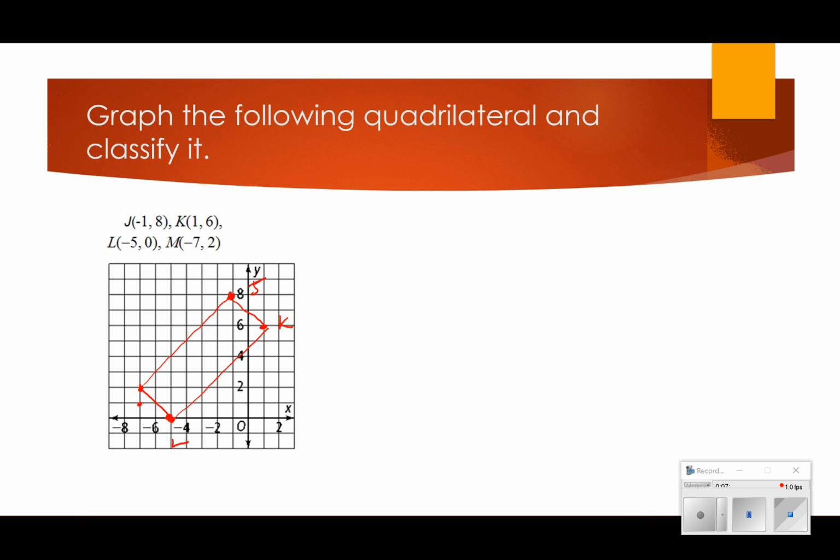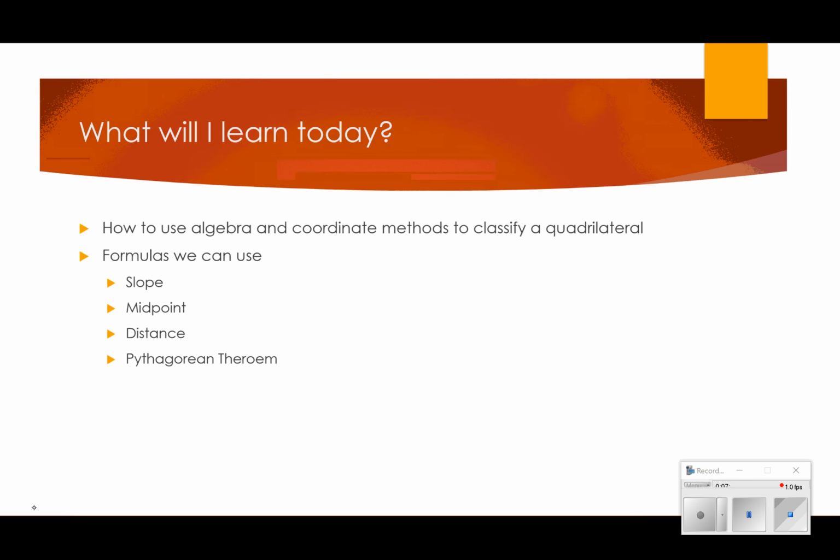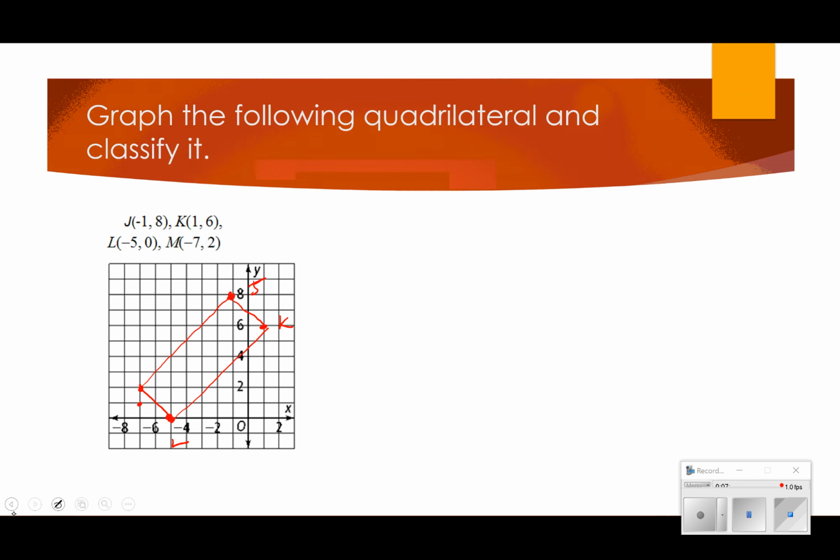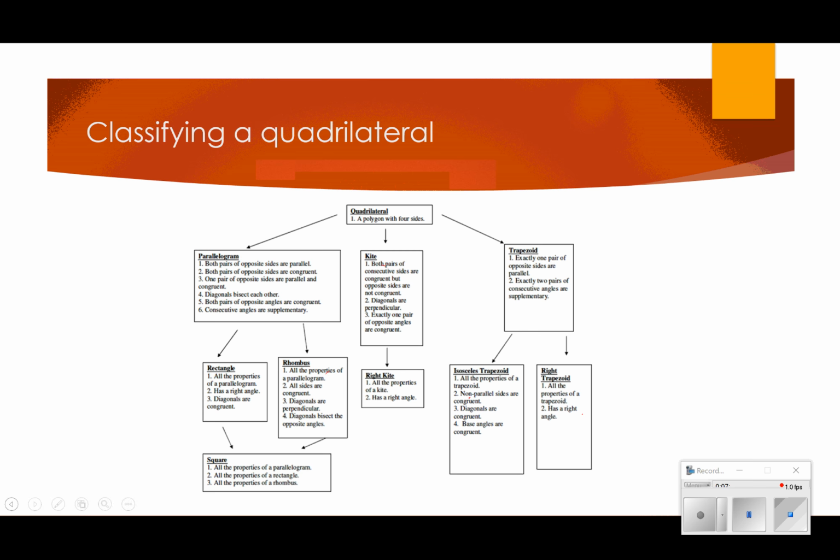We can use our diagonals, because we know, if I go back a slide, that a rectangle has all properties of a parallelogram, it has a right angle, and we know our diagonals are congruent. So if we can prove our diagonals are congruent, then that's one step in finding the rectangle.